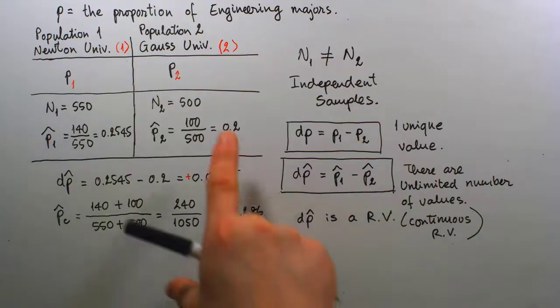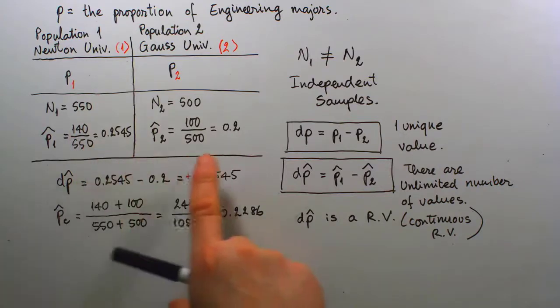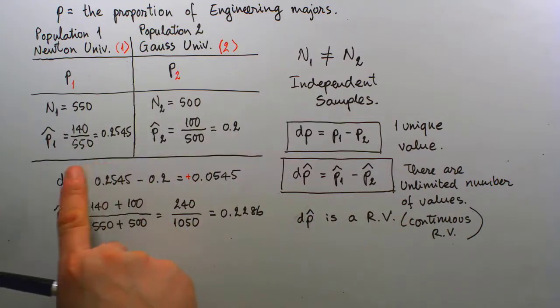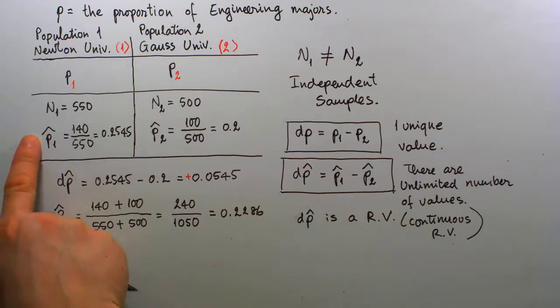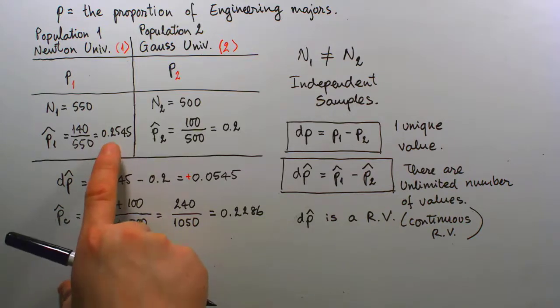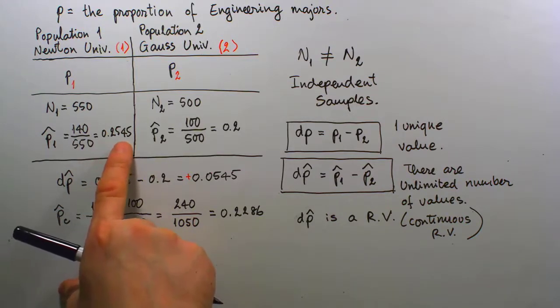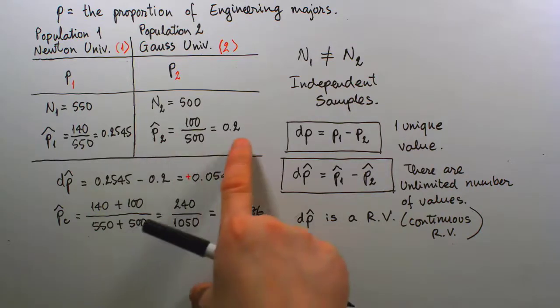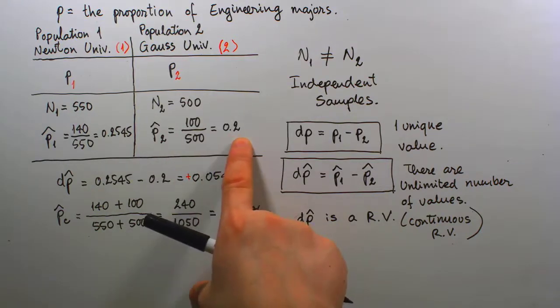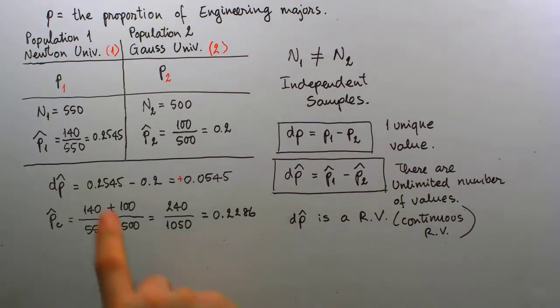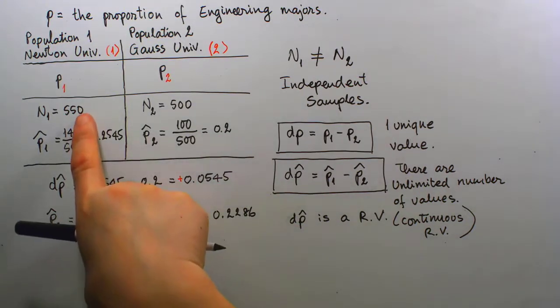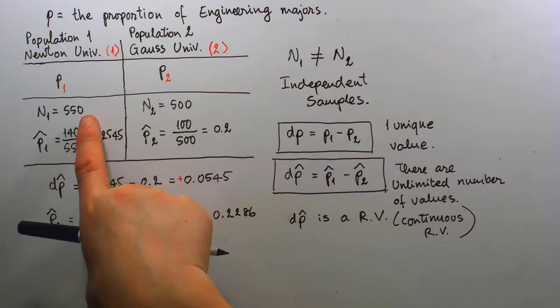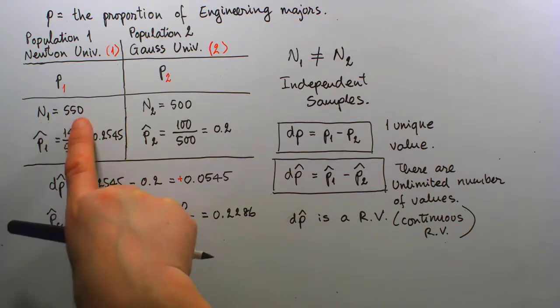And let's one more time have a look at our given sampling information. So our sample p hat 1 in decimal value is 0.2545, where our sample p hat 2 in decimal value is 0.2. The sample size we used for all samples in population 1, or in other words n1, was 550.